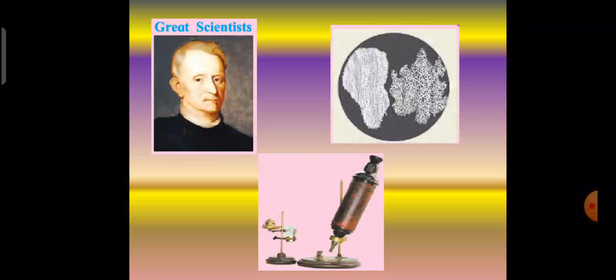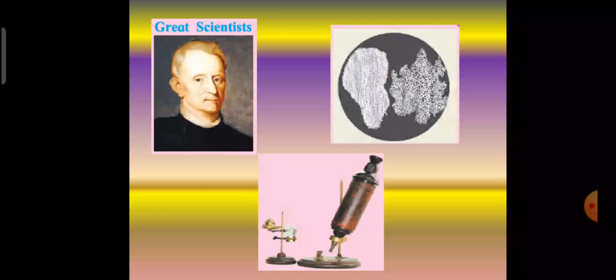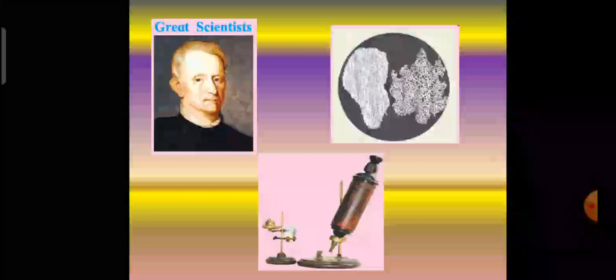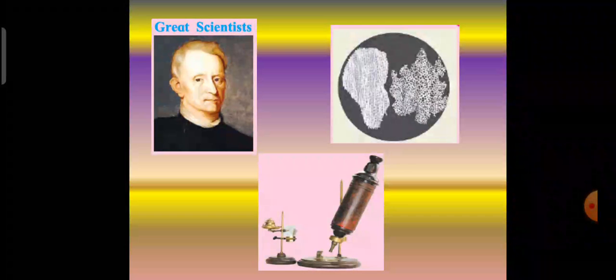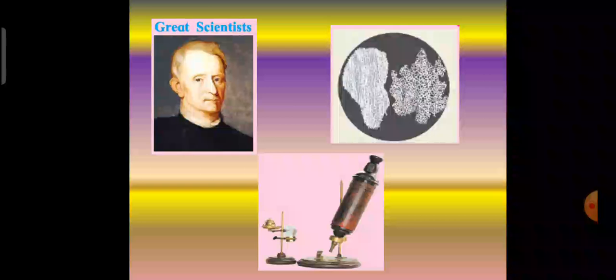In 1665, a scientist, Robert Hooke, observed a thin section of cork under a microscope. In this section, he saw hexagonal compartments. Hexagon, you must have studied in maths. It has 6 sides, a geometrical figure with 6 sides.